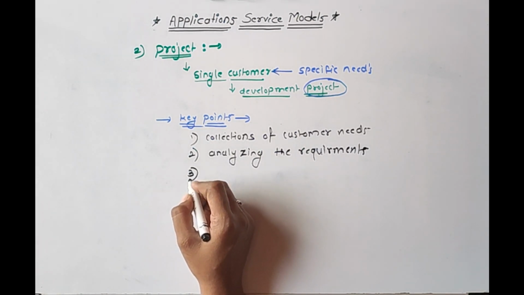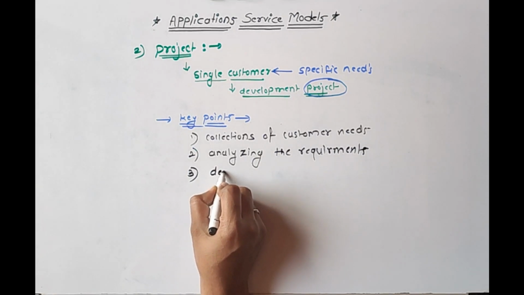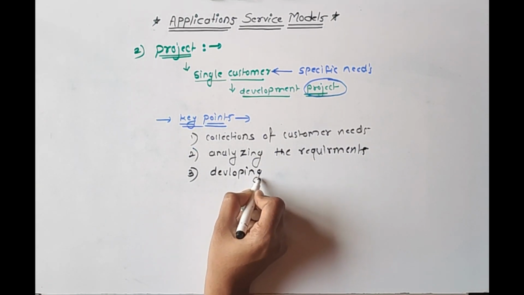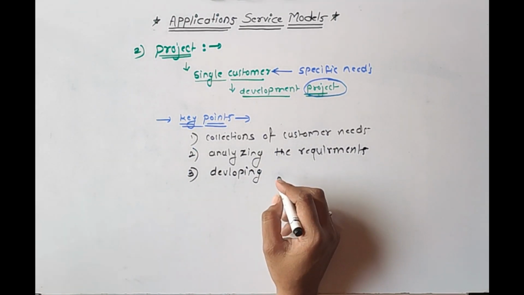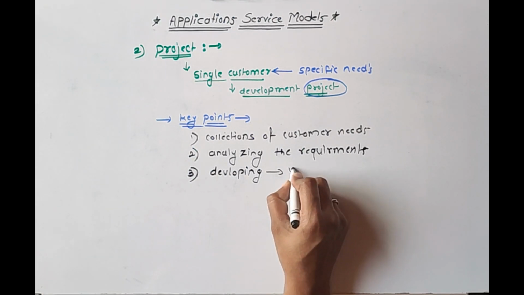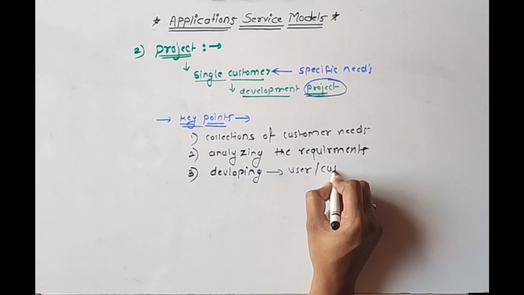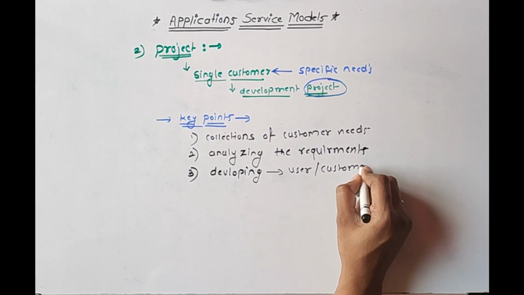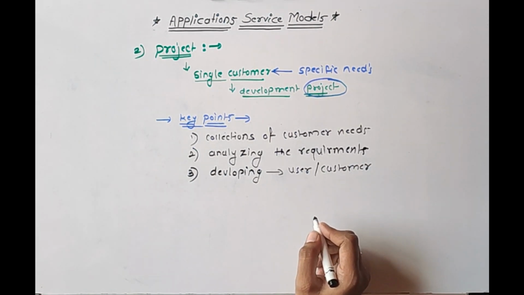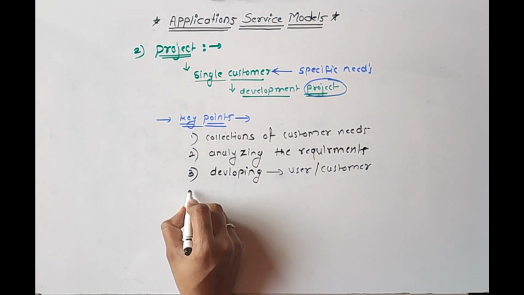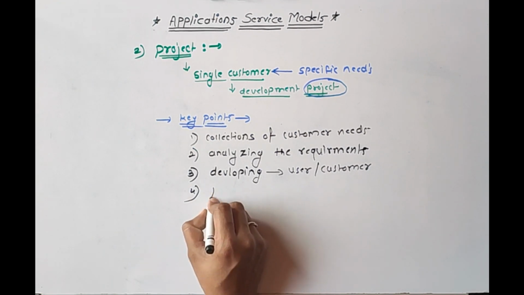Then in third, we are developing the application as per user needs, means as per customer need. Okay? Then releasing the same to the intended user for acceptance.